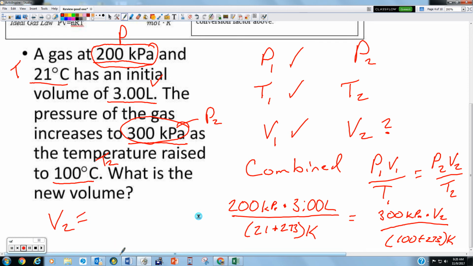So for volume 2, again, we're going to multiply this to this group, and then we're going to multiply that 300 to this, and then we're going to divide it, and that'll give us V2.